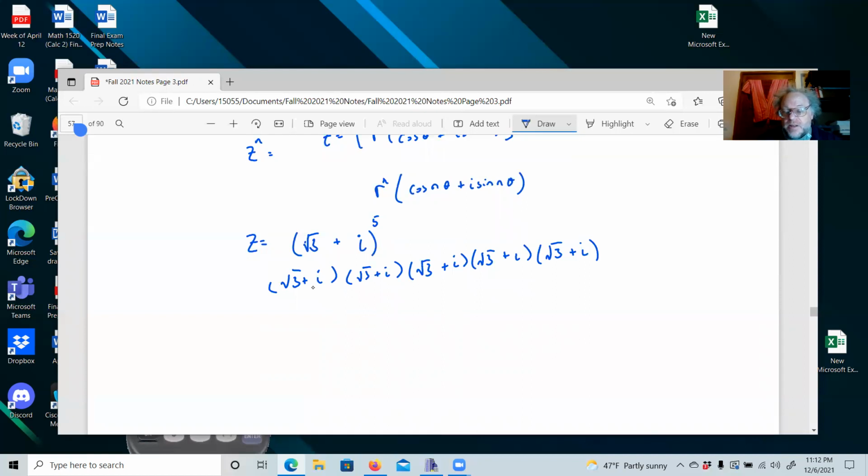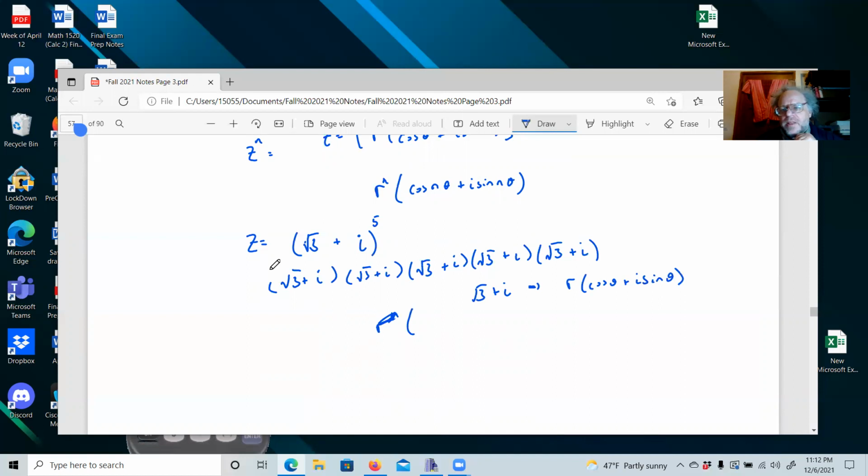Now, as much fun as that sounds, there's a faster way, and I want you to do this. So we're going to convert square root of 3 plus i into an r cosine theta plus i sine theta.